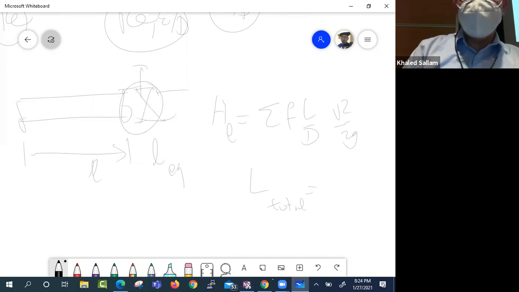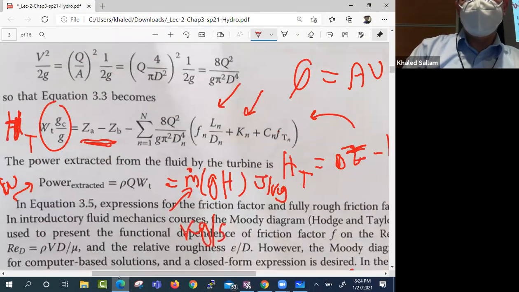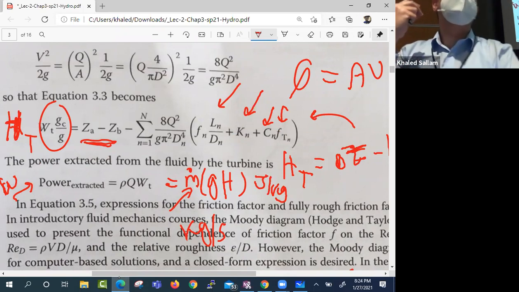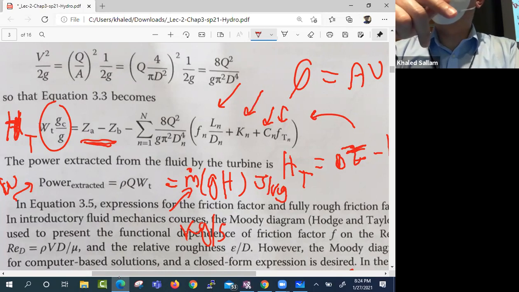Okay, and in our book also, in this formula that he showed us, they can express it in that weird way: the loss coefficient, he can give you K and you add it to the fL over D, or he can give you C so that you can multiply by f turbulent. So it's a different way to give you a loss characterization. Sometimes they correlate with the velocity, and that's the K, and sometimes they correlate with the f turbulent, which is a function of, again, epsilon over D and the Reynolds number.